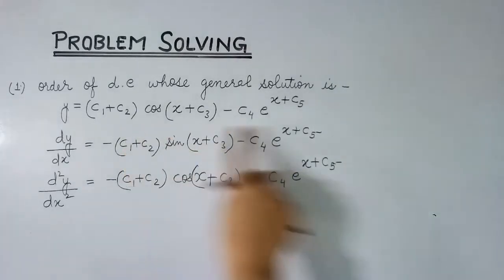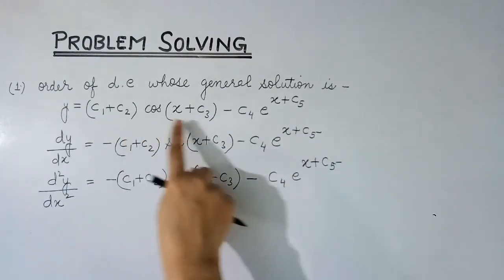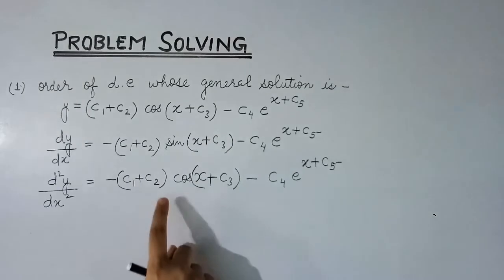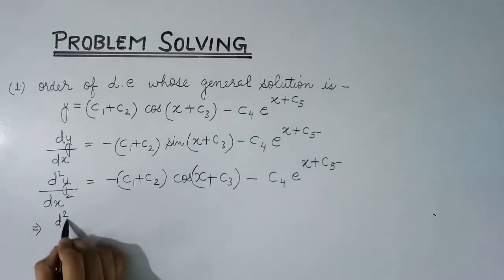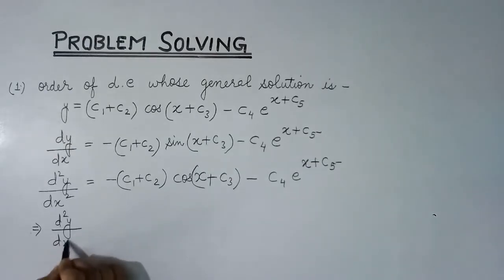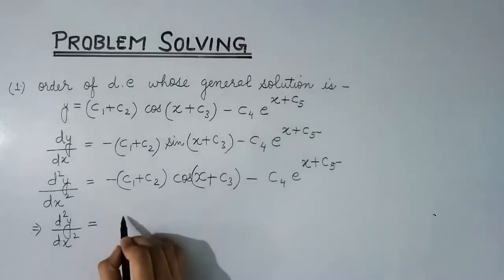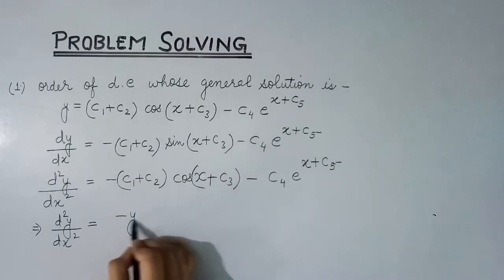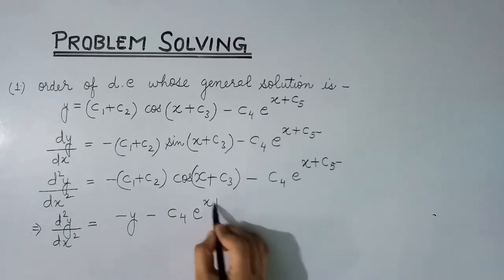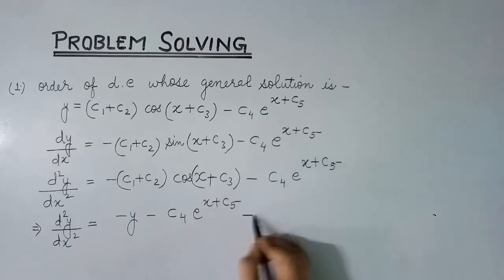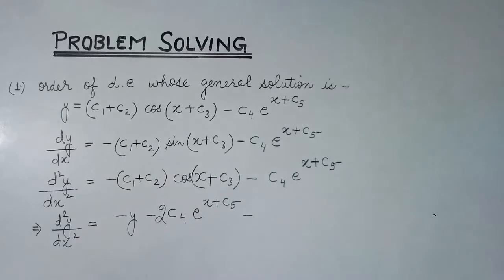Now from this equation we have to find out the value of c1 plus c2 cos x plus c3 and put it in the third equation. So we will get minus y, c4 e raised to power x plus c5, minus again this term, and these both terms will add to give this.